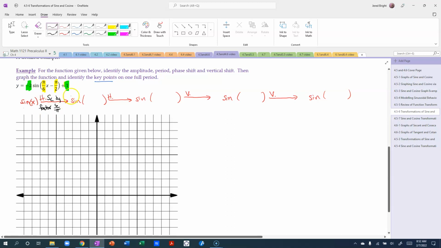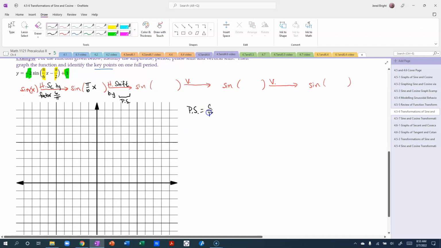We do that first, and then algebraically we would represent the transformation as pi over 6 x. Next, the only other horizontal transformation we have left is the horizontal shift, which would be by our phase shift. So it might be wise to take a moment and calculate the phase shift.